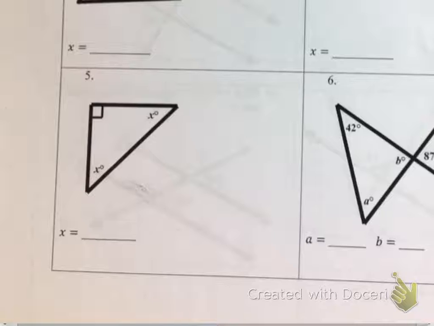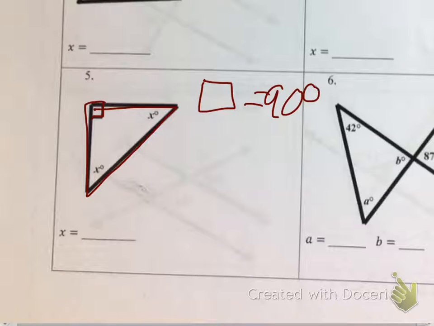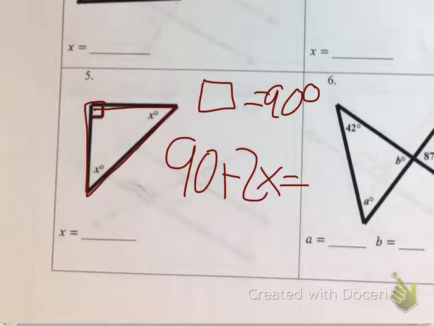Okay, so this one has a square right here. Here's the triangle. And the square equals 90 degrees. So 90 plus 2x equals 180.